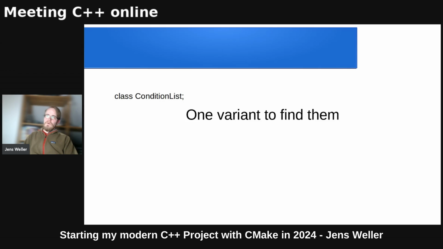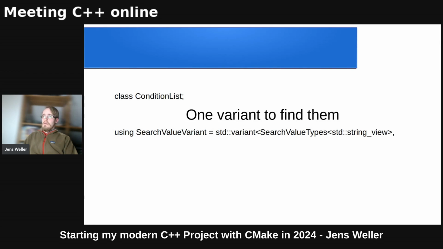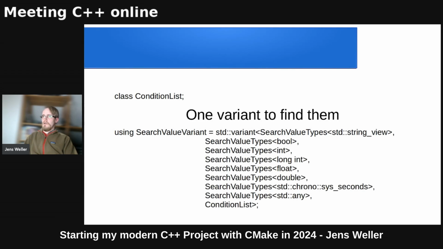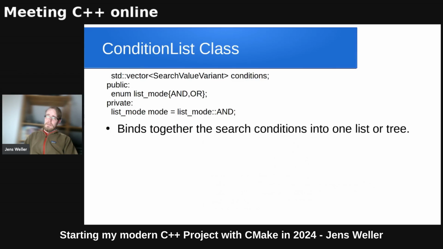And so we forward declare the class condition list and declare search value types with string view and all other types and the condition list. And then the search value variant is in the condition list class.